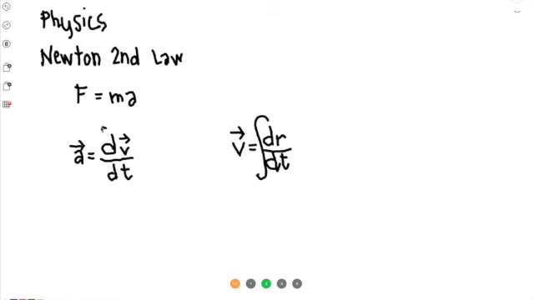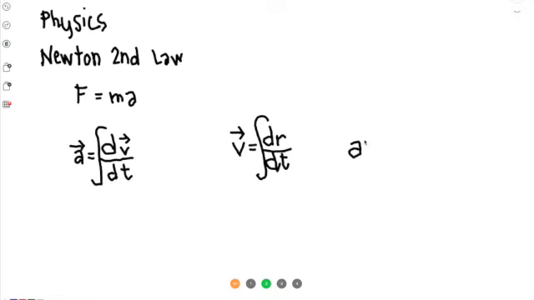How many times? Can you repeat the question, sir? If I give you the equation for the distance, I will give you dr dt. If I ask you to compute for the acceleration, how many times will you integrate? Twice. Okay, you will integrate twice. So that is what we call double integrals, double integration.